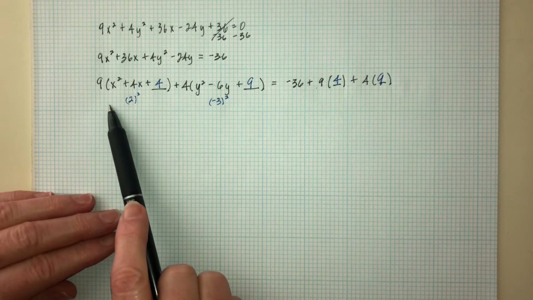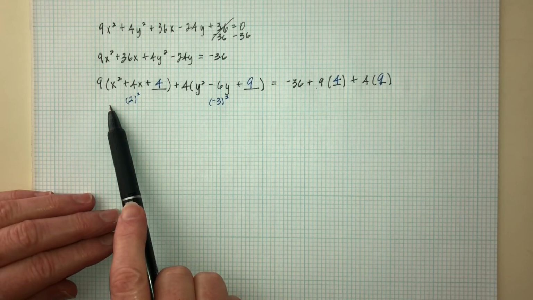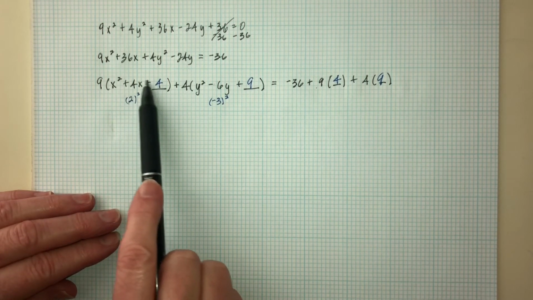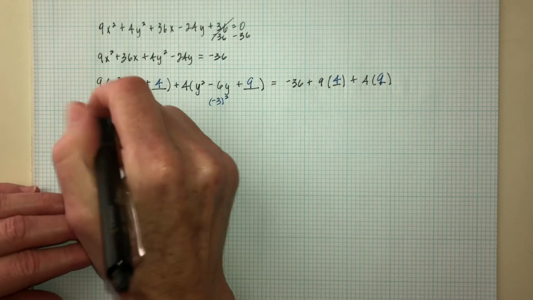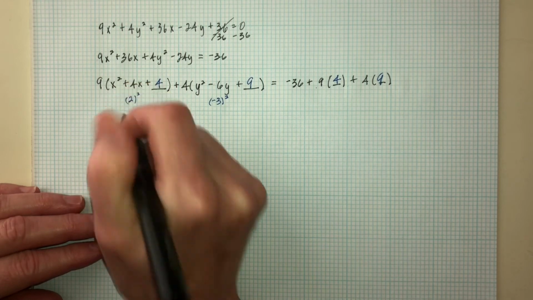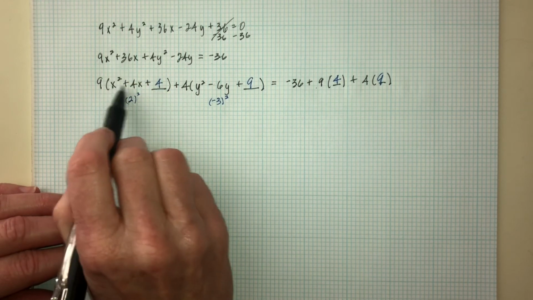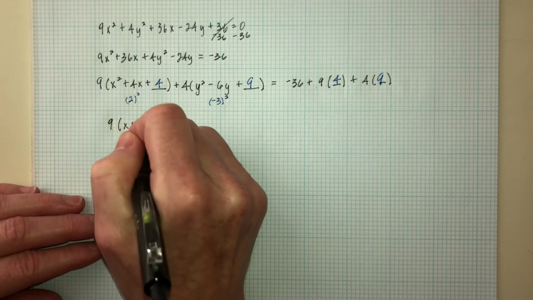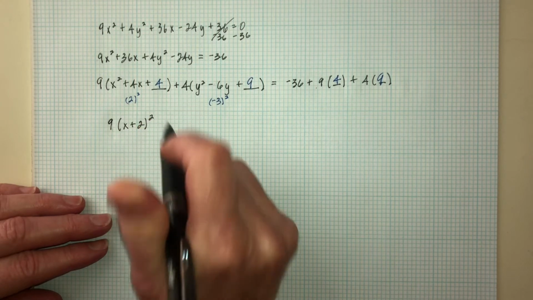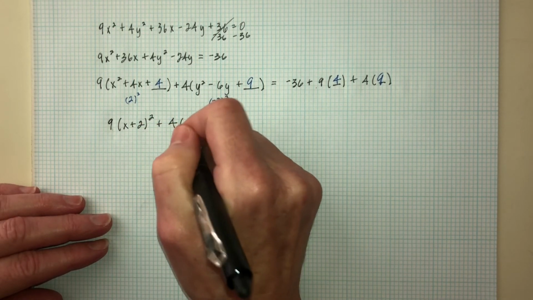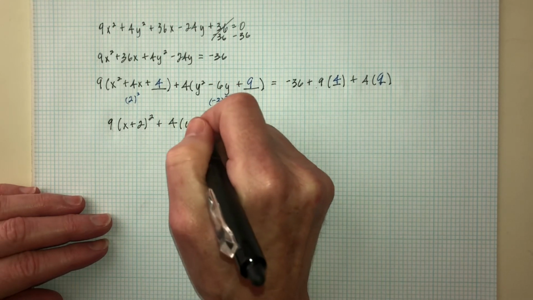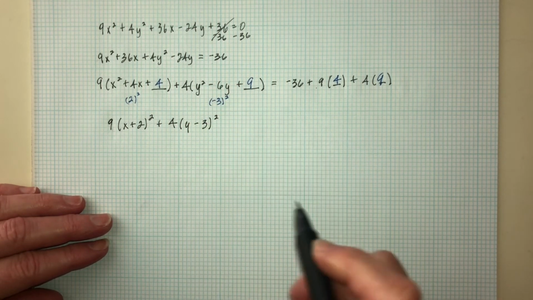So for our next step, we are going to do some simplifying. And recall, since we made these things be perfect squares, we can collapse them down as we write our next step. So I've got my 9, and then all this can be rewritten as x plus 2 quantity squared. And then here, I've got my 4, and I can rewrite all this as y minus 3 quantity squared.